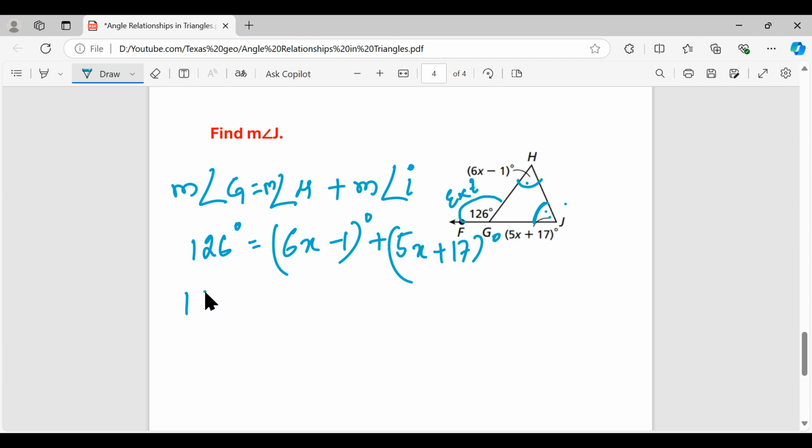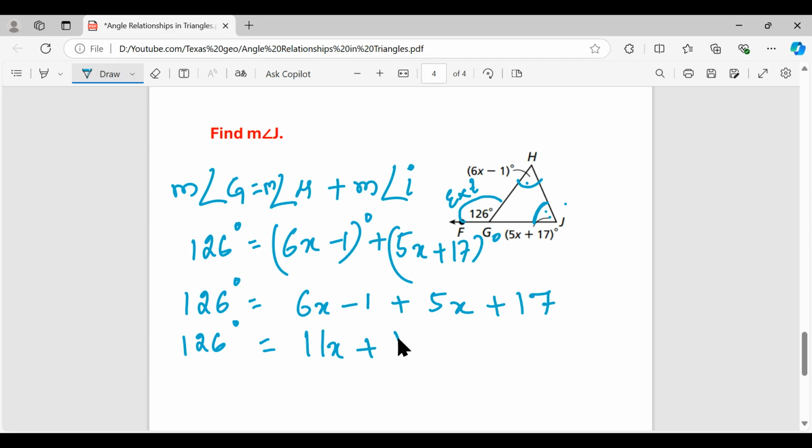Now let's open the bracket. 126 degrees equals 6x minus 1 plus 5x plus 17, and then you get 126 degrees equals 6x plus 5x, which gives you 11x plus 16. Now bring 16 to this side.